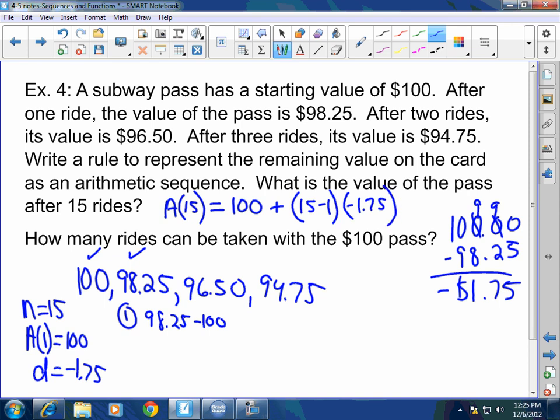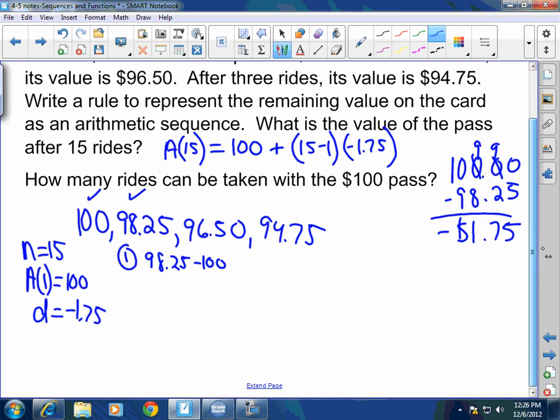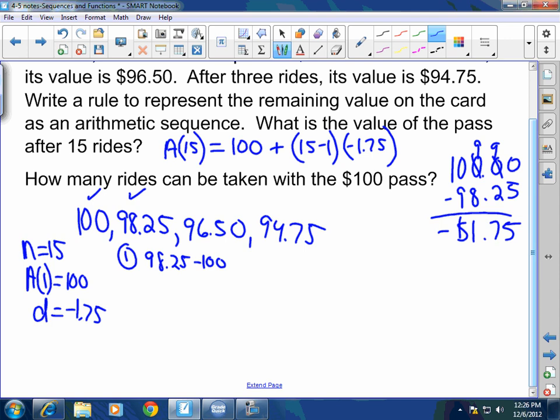Does everyone see how I filled in that equation? Okay. I'm hoping that you're being honest with me. So now let's find the answer.